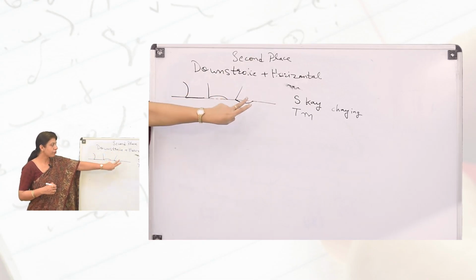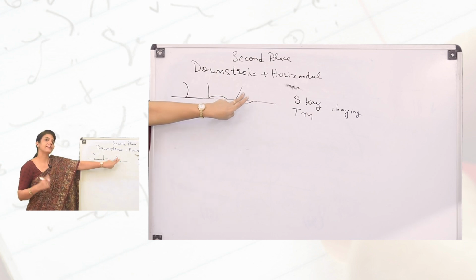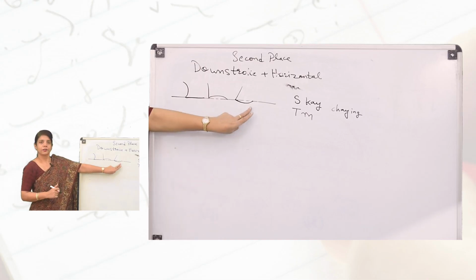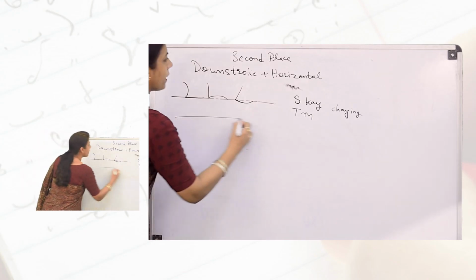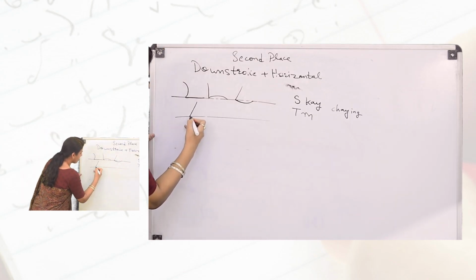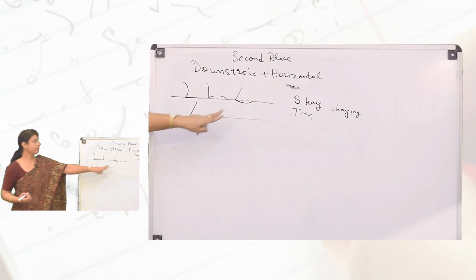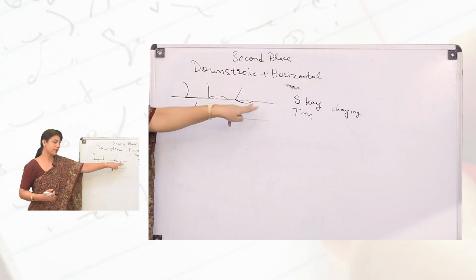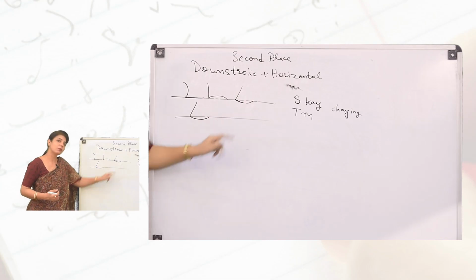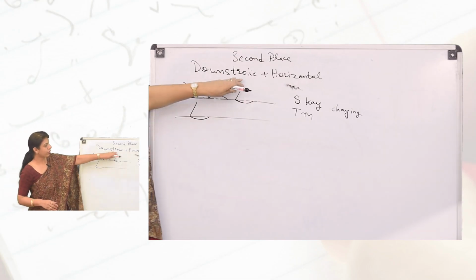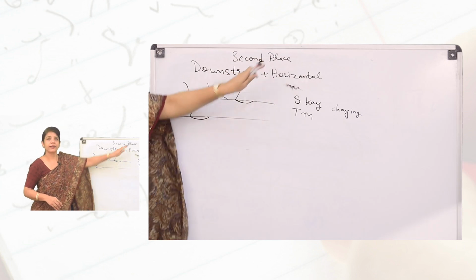So we need to focus on making che a light consonant and ing a dark consonant, so that we do not read it as che n. Why? Because if I have to make che n, the difference is only of light and dark. N is a light consonant, ing is a dark consonant, they form a pair, so they have the same outline. So now this is basically the joining of a downstroke plus horizontal at second place.